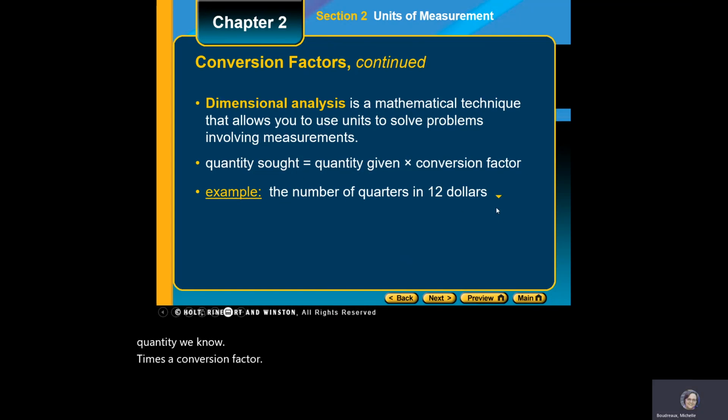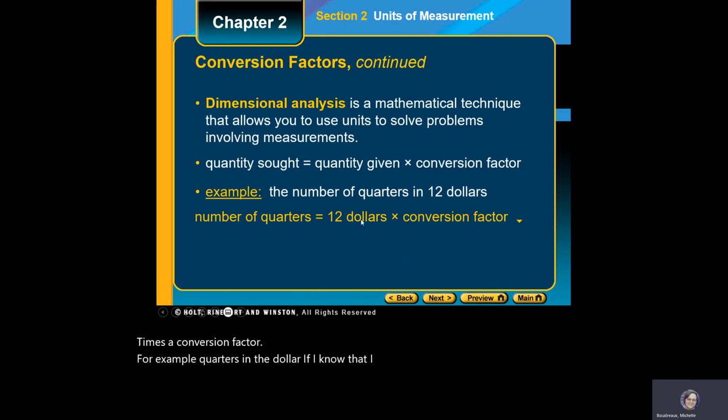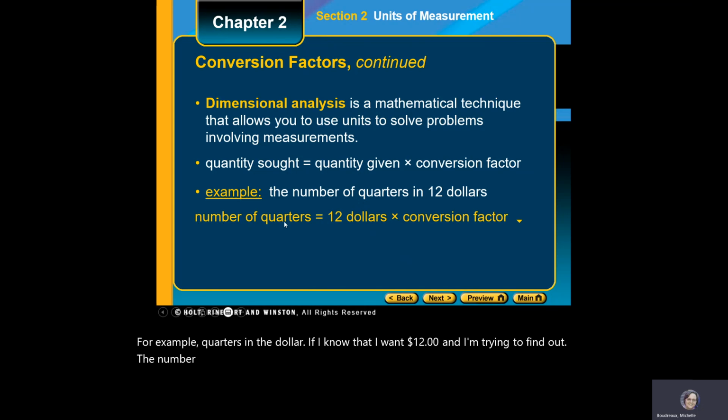For example, quarters in a dollar. If I know that I have $12 and I'm trying to find out the number of quarters, then the number of quarters is my unknown. $12 is the known quantity, and a conversion factor will help me change the known to the unknown.